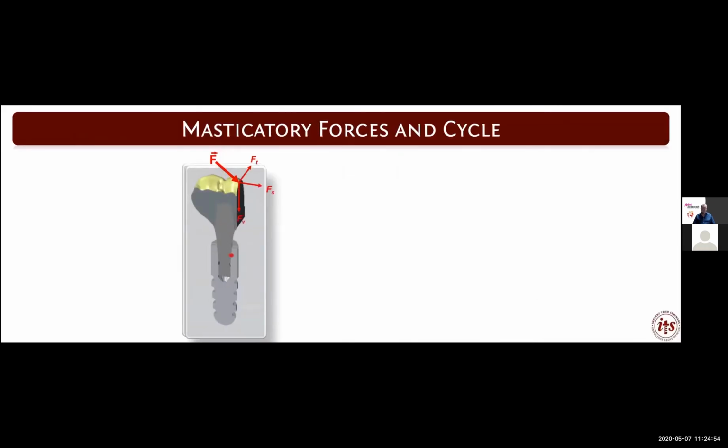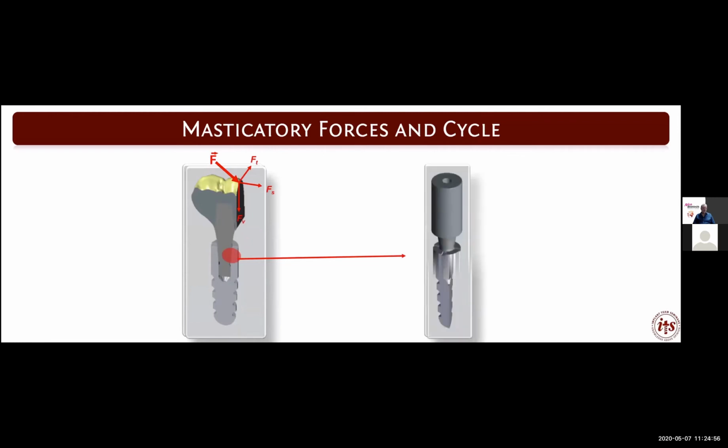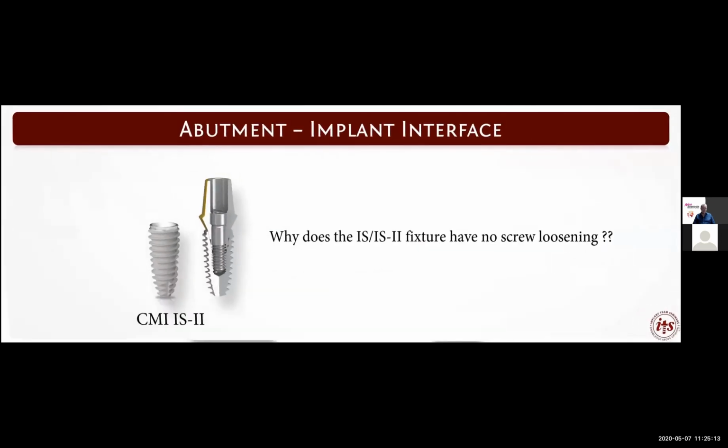The importance of this is that stresses are transferred from the restoration to the abutment and then to the abutment implant interface. And this can cause bone resorption as well as screw loosening. But why is there no screw loosening with the NeoBiotech implant system?